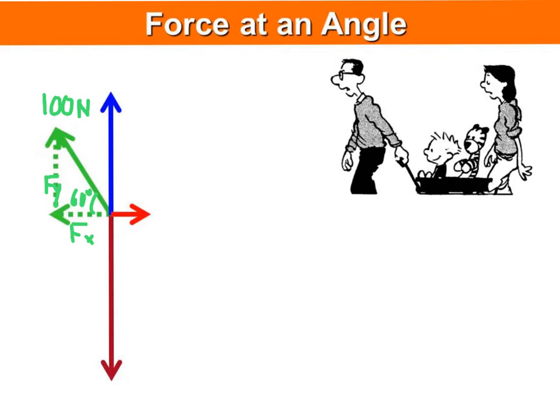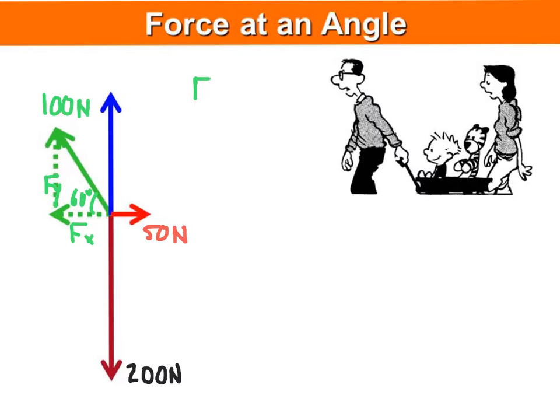We also can think about our gravity in this case. We'll say maybe we have 200 newtons of gravity pulling us down. And the frictional force, well, we don't exactly know what that's going to be, but we'll just say 50 newtons for now. In the case of Calvin's father, this x and y is pulling us in two directions.